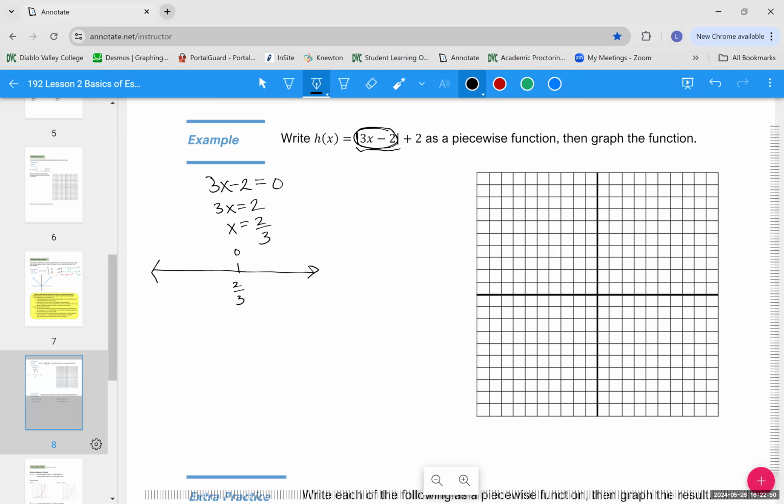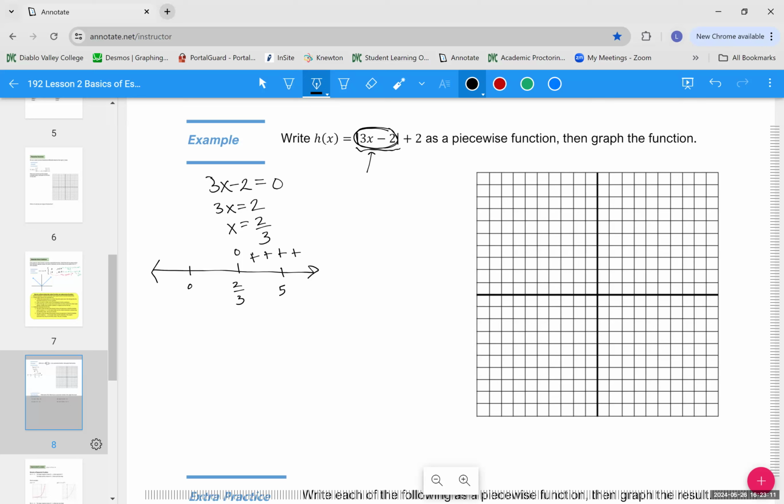So I'm just going to make a quick chart, and I'm going to mark my x value where it's 0. So I'm going to test something on this side, like maybe 5. Plug it into 3x minus 2. That's definitely going to give me a positive number. And then I'm going to plug in something less than that, like 0.